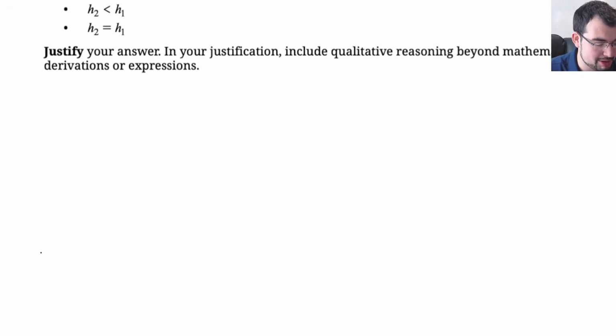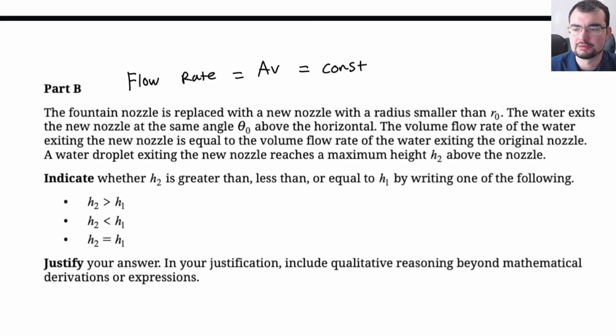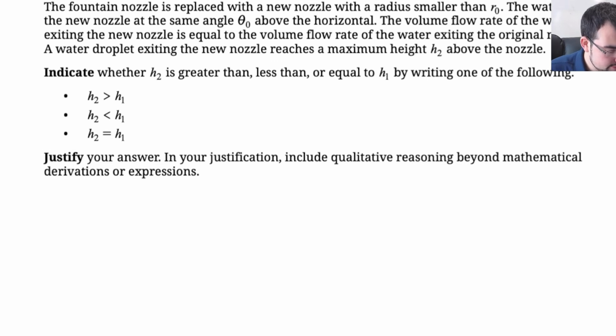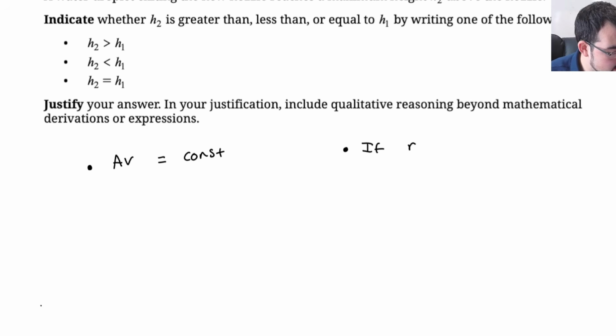But I'll show you my typed out one too. So this was my reasoning. It's better just to reason through than justify. So I noticed that AV was equal to a constant. And I also noticed that if R decreases, area decreases, because area is related to radius squared.